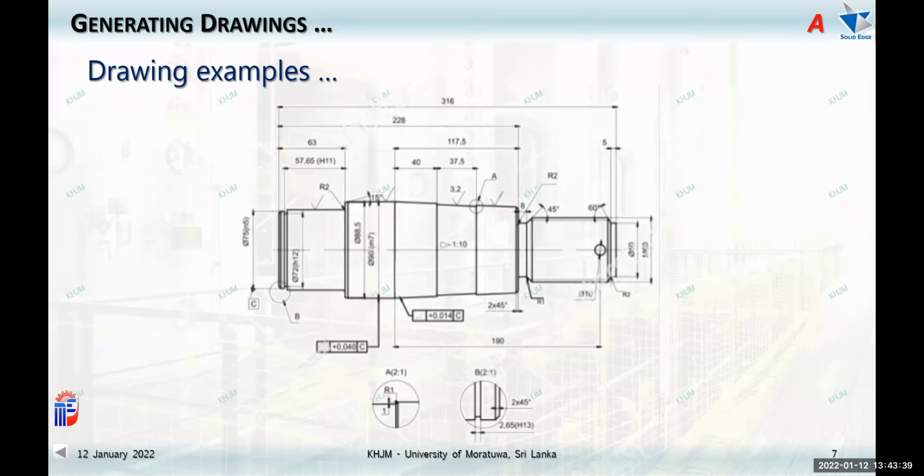Sometimes you can see the dimensions given from one side, and maybe when you go to the other side, it's given from the other side. Tolerances are given. The detail views are given. Can you see at the bottom, there are two circles.